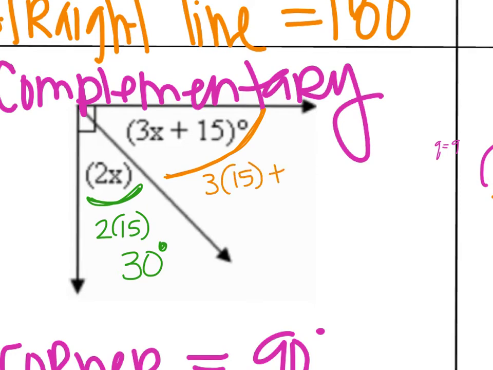So 3 times 15 plus 15. 3 times 15 is 45. 45 plus 15 is 60. So the second angle is 60 degrees, and then I could look together, 30 and 60 do make my 90 degrees.